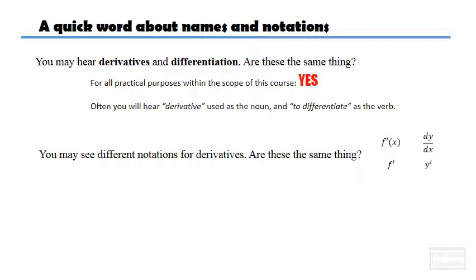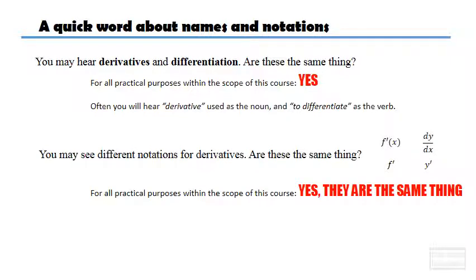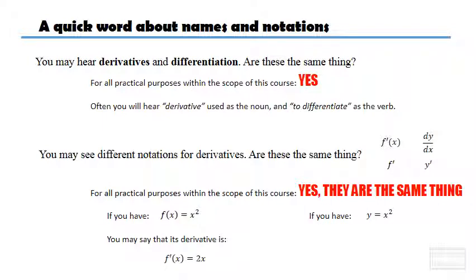Things that don't look very friendly sometimes. Are these the same thing? And the answer is yes. Not exactly, perhaps, but for the scope of this course, they're definitely the same thing. So, for example, I can say f prime of x equals 2x, and if I have y equals x squared, I can say that y prime is equal to 2x, or that dy dx is equal to 2x.